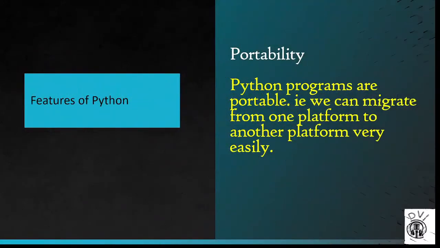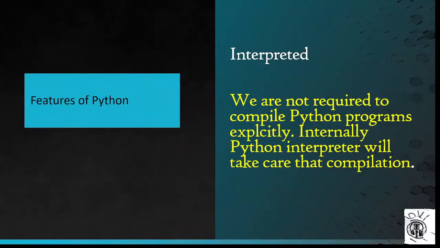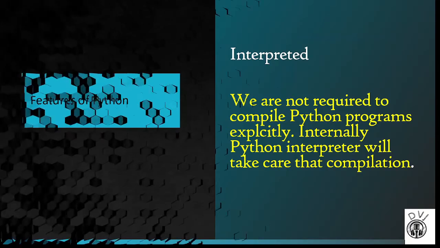Portability: Python programs are portable. We can migrate from one platform to another very easily. Interpreted: we are not required to compile Python programs explicitly. Internally the Python interpreter takes care of compilation.